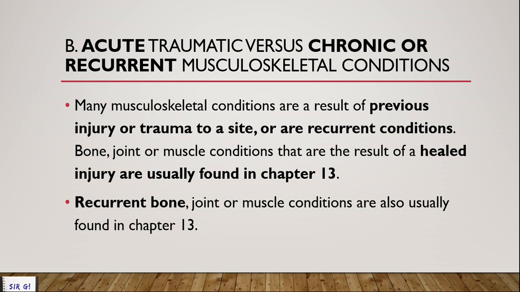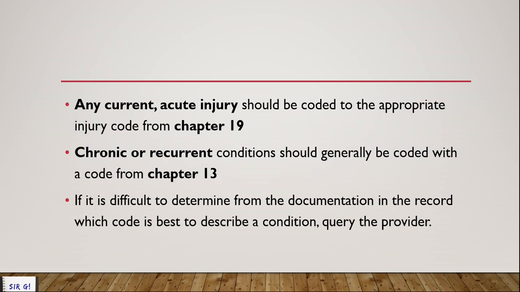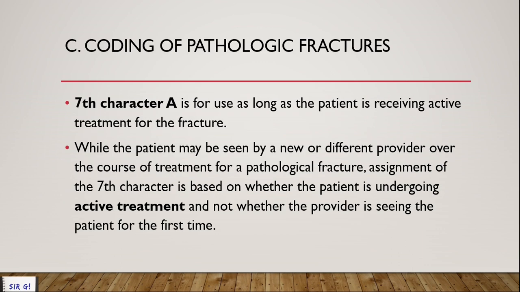Recurrent bone, joint, or muscle conditions are also usually found in your chapter 13. Okay? And any current acute injury should be coded to your appropriate injury code in your chapter 19. So chronic or recurrent conditions should generally be coded with codes from chapter 13. If it's difficult for you to determine from documentation in the record which code is best to describe the condition, you always need to query your providers. Okay?